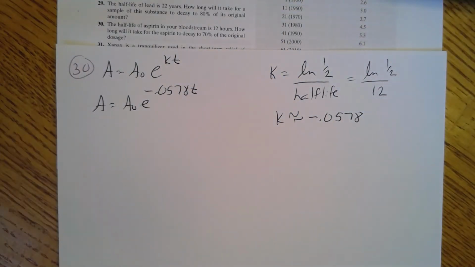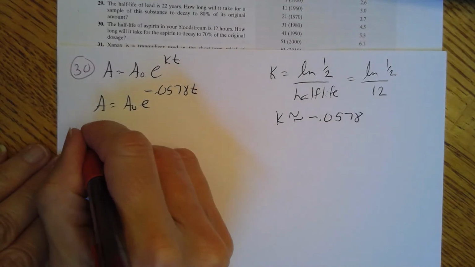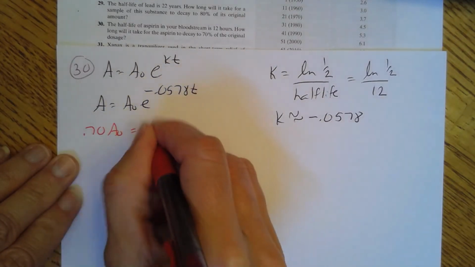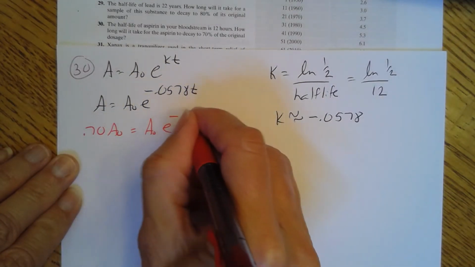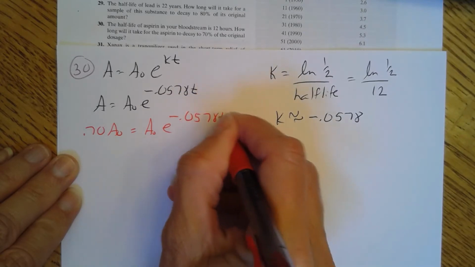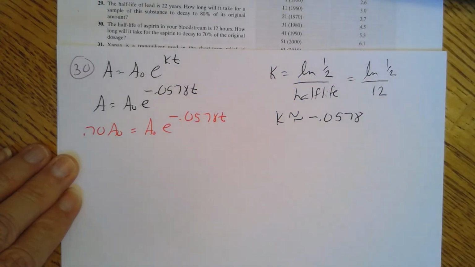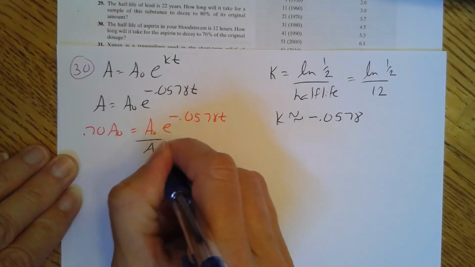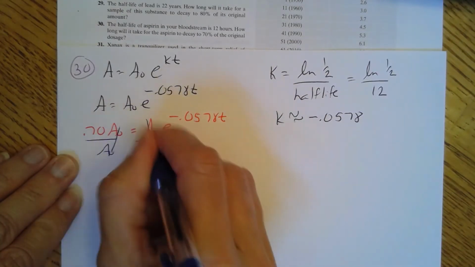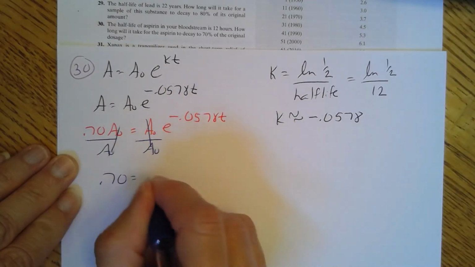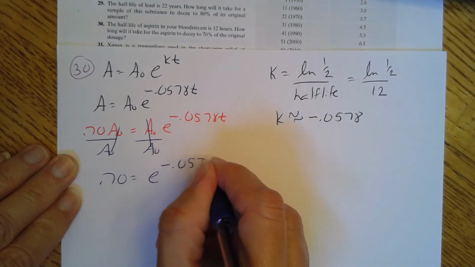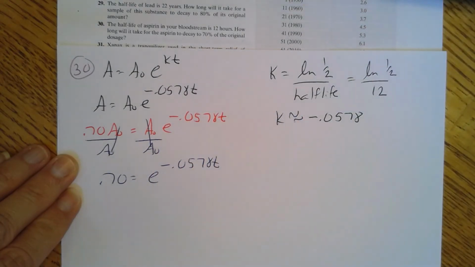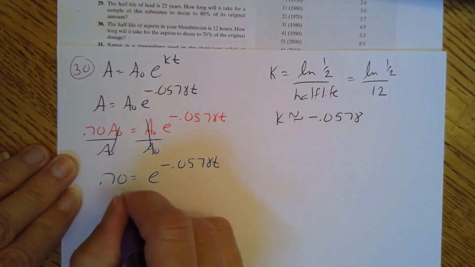Now this example says they want 70% of the original dosage. So 70% of A naught would equal A naught e to the negative 0.0578t. We'll continue like we've done every other problem: divide by the A naught, so the A naughts cancel. We get 0.70 equals e to the negative 0.0578t. Then we'll do the circle, changing an exponential into a logarithmic.